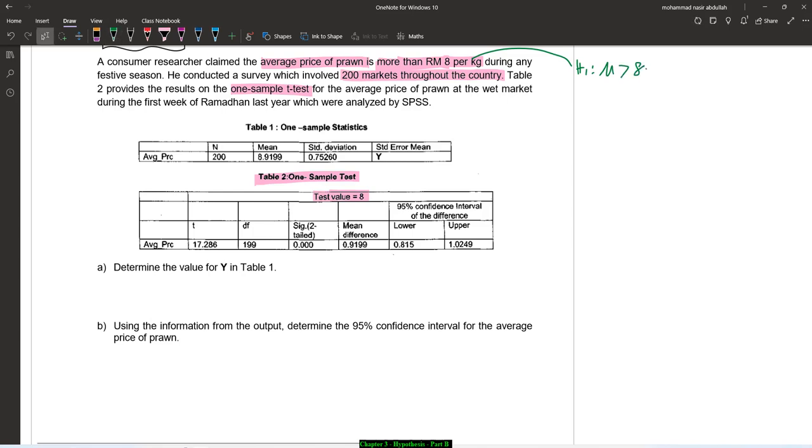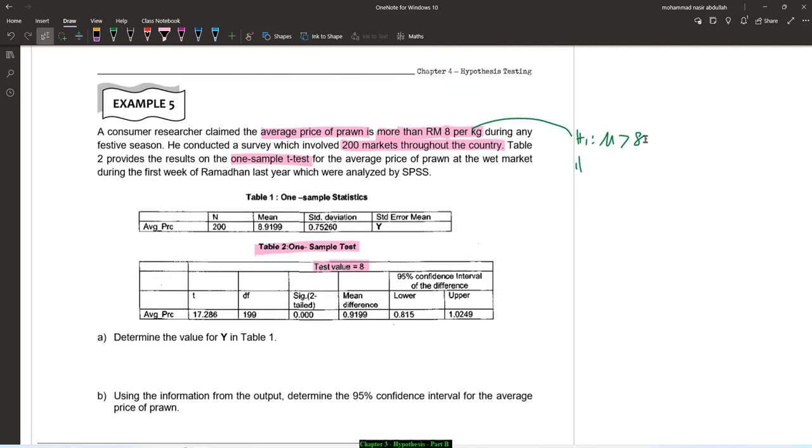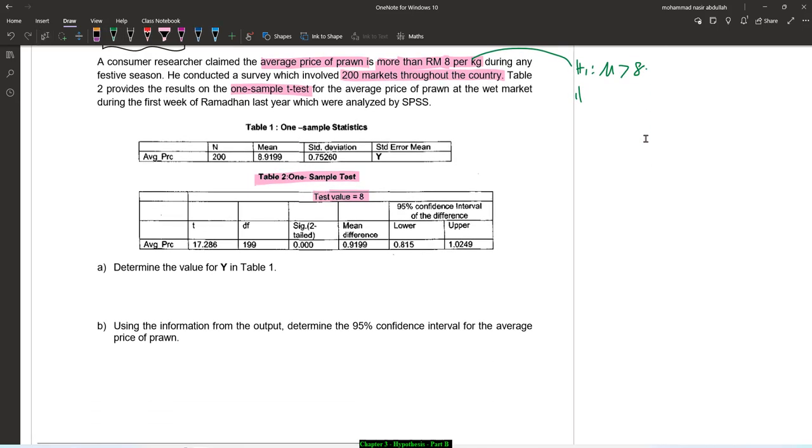The null hypothesis should be equal to 8, right? So the claim is that the average prawn price is more than 8 per kilo. So the null hypothesis should be on top, but it's okay. We need to understand the alternative hypothesis that they give to us.